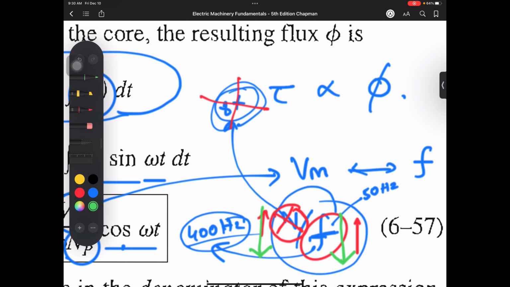Because that is possible. You can run a 230 volt machine at 110 if you are halving the frequency. So this is very possible: when the frequency is decreasing, your voltage will be decreased. But when your frequency is being increased, you are not going to have a voltage increase because of the insulation strength of your winding.